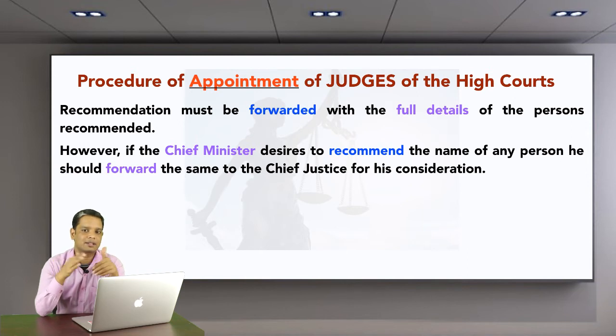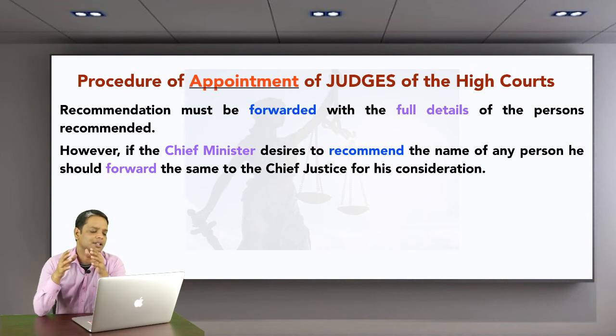So, it is something like vice versa. The Chief Justice is always the one initiating, not the Chief Minister, but the Chief Minister has been given the privilege that he can also recommend some candidate for judge of the High Court. So, this is part of the provision.